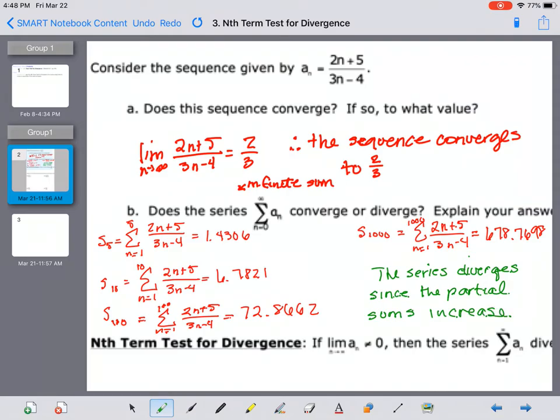Okay, so we're going to make that prediction. Now, the only definite way to determine whether something converges or diverges is to actually use one of our convergence tests. We spent 2 days talking about the geometric series test, so I'm going to introduce the next test, which is our nth term test for divergence.